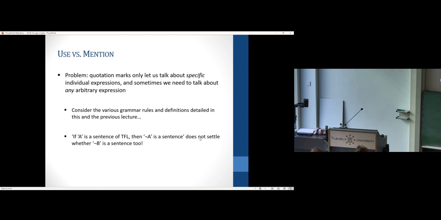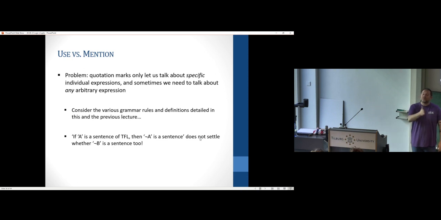This just tells me I can use this symbol in this way. What about this symbol? Can I use B in the same way? The quotation marks don't help me there. Put another way, telling you that "Nathan" is a word in English doesn't tell you whether "Amanda" is a word in English.